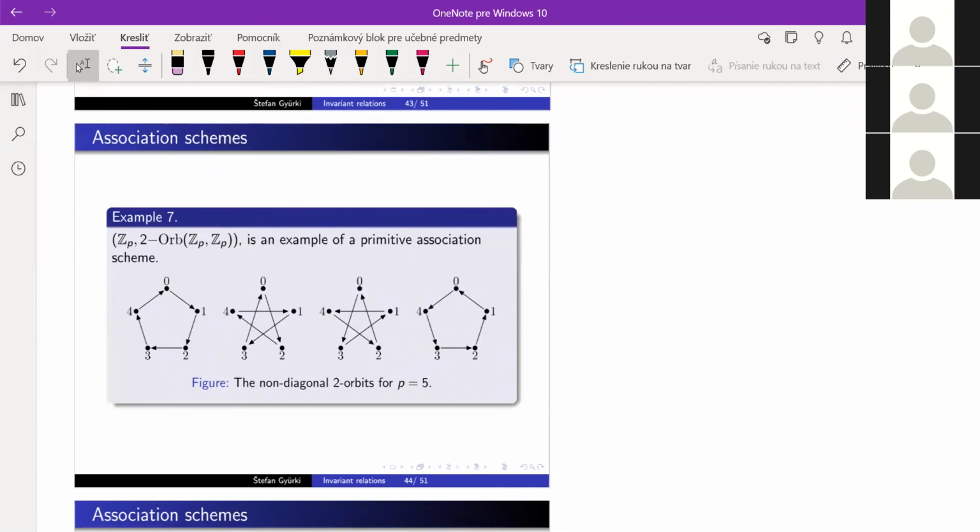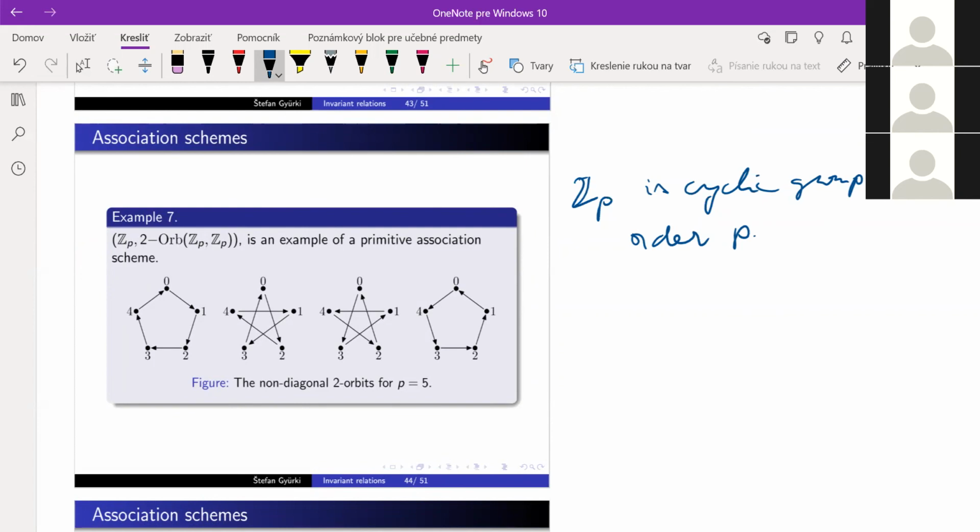In an example, I will show that if you consider the cyclic group of order p, where p is a prime number, then each of the non-diagonal two-orbits will be connected. That means that the corresponding association scheme is primitive.